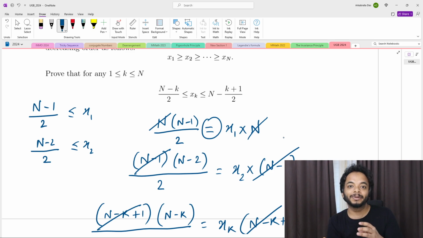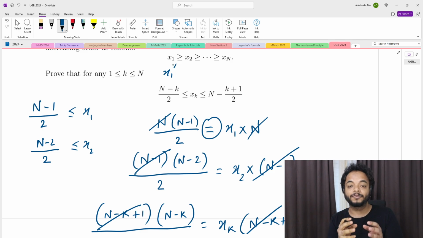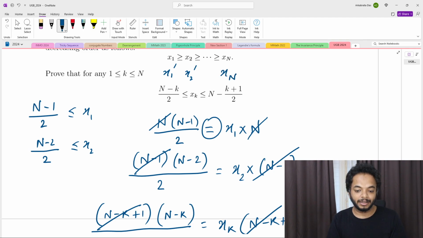That means the inequality will just get reversed. Let's say x1 dash is the number of losses for team 1, similarly x2 dash is the number of losses for team 2, and so on till xn dash, or you can take the complement, is the number of losses for team N.